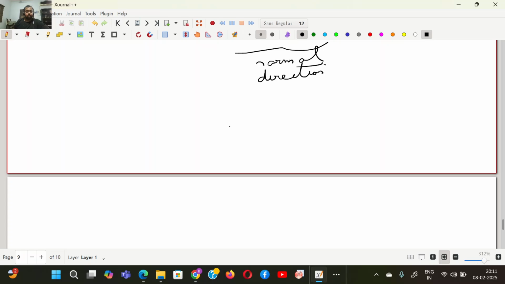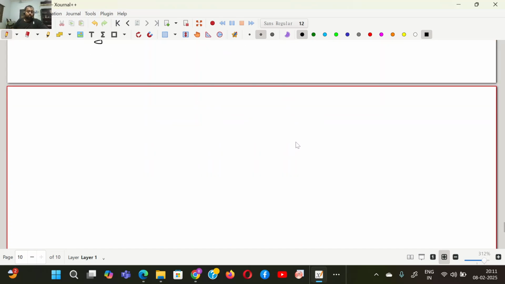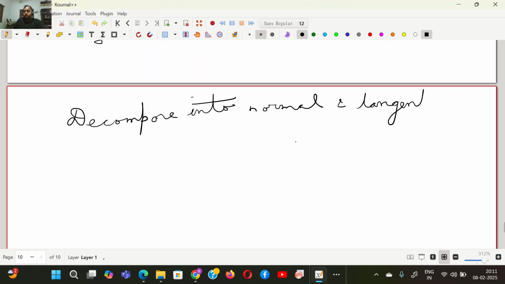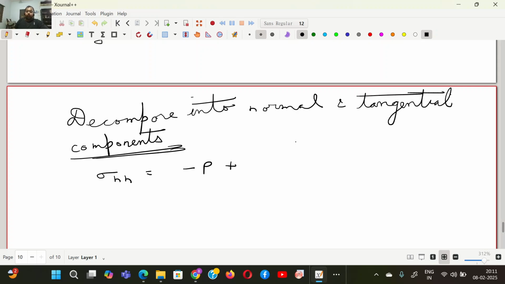You can always break sigma into the isotropic pressure component and the deviatoric component. And again, you can decompose into the normal and tangential components. Like sigma_N is equal to minus P plus tau_N. Tau_N is generally zero, but in case of some non-Newtonian fluids, you'll have a normal stress component also.